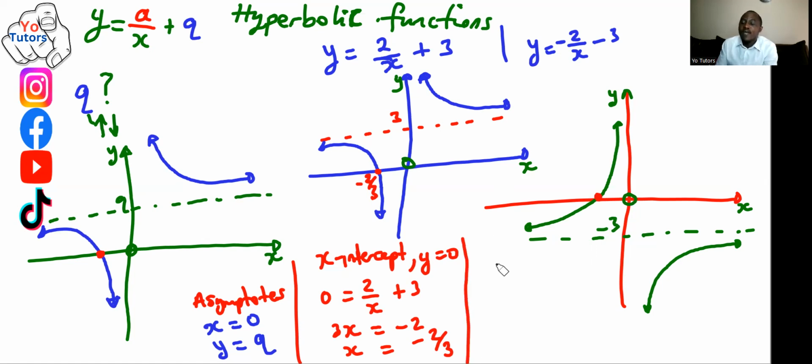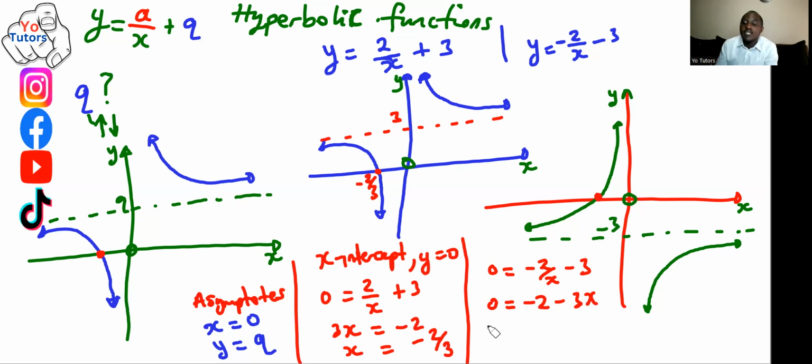What do we know? We make y equal to 0. So 0 is equal to -2 over x plus -3. Then we multiply through by x. It's going to be 0 equal to -2 minus 3x.